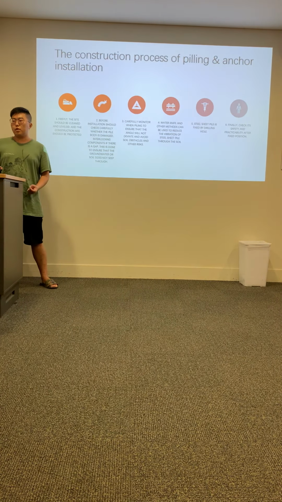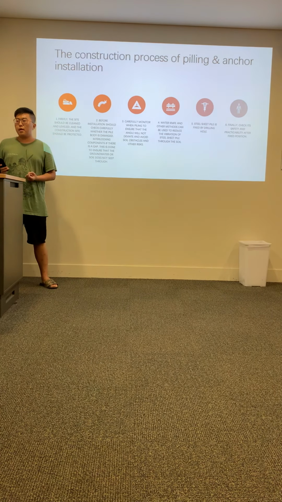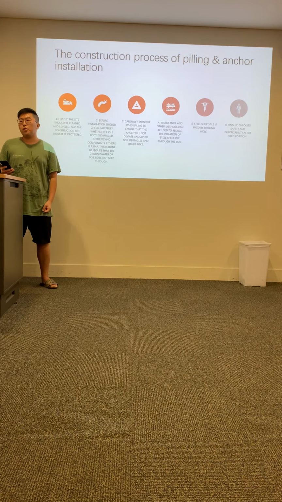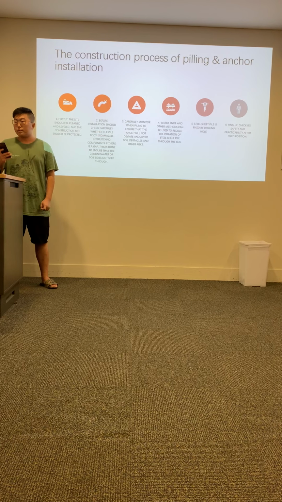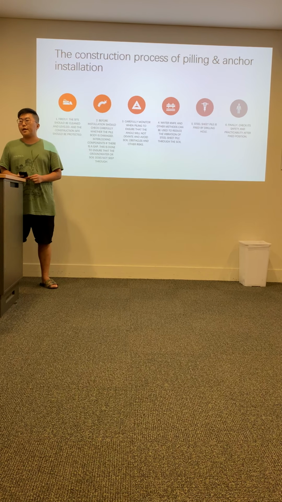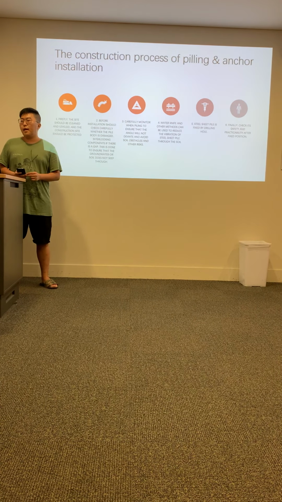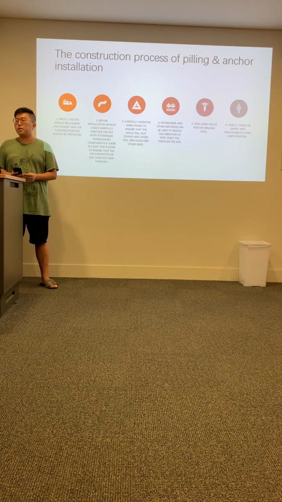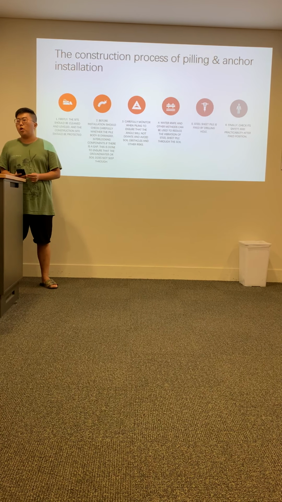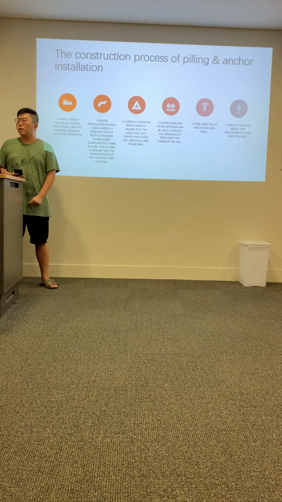This is to ensure that the groundwater or soil does not seep through. Then carefully monitor when piling to ensure that the angle will not deviate and avoid soil obstacles and other risks.